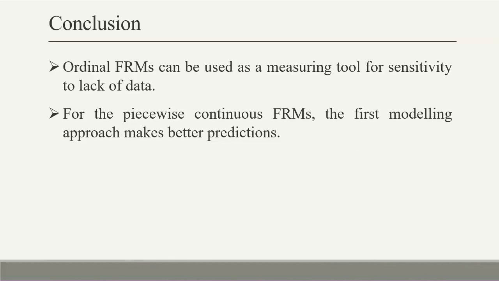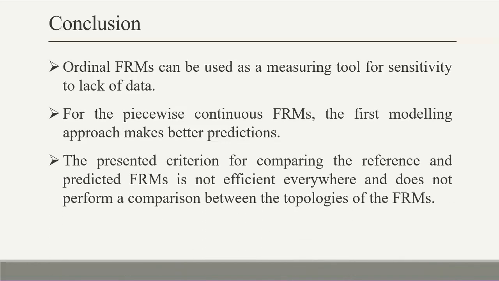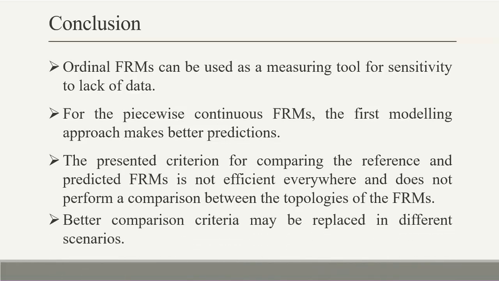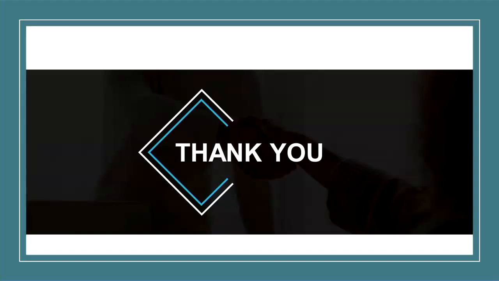And for the Lorenz one, where the first return maps were piecewise continuous, the first modeling approach, predicting the flow first and then putting the ordinal maps on it, is better. For the second one, the measure that I defined is not very helpful everywhere. It cannot capture many of the similarities between the prediction and reference, and I can use a better criterion for comparison. And that's it. Thank you.